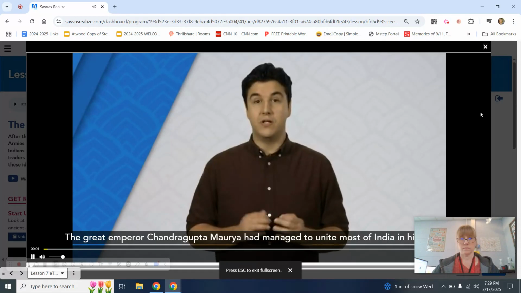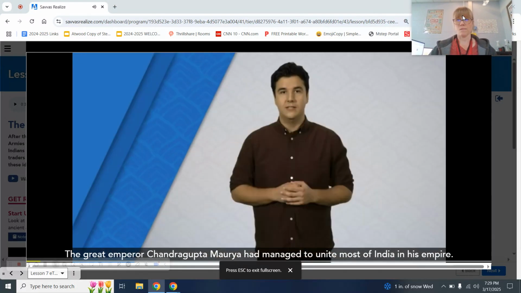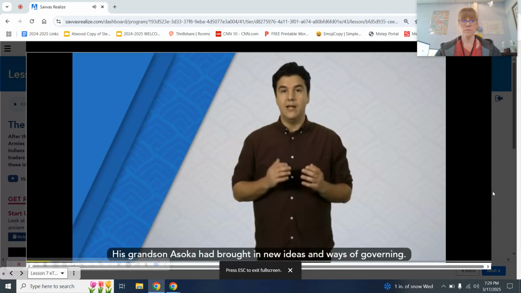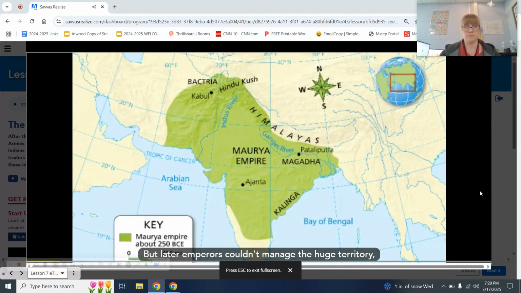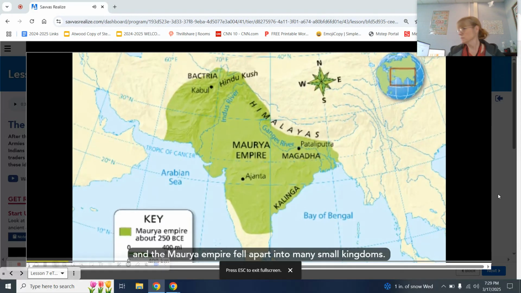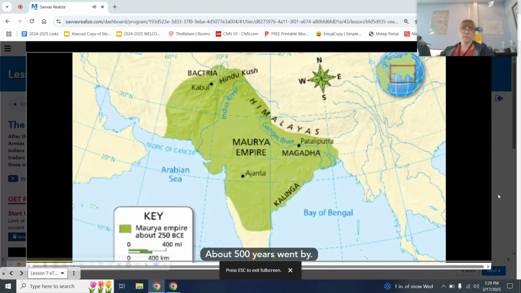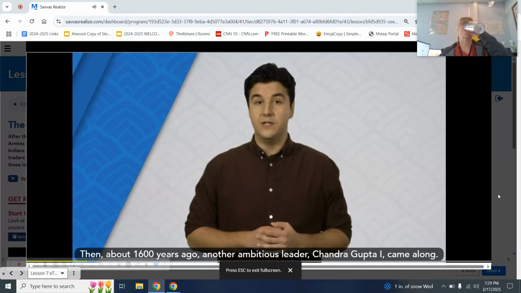The great emperor Chandragupta Maurya had managed to unite most of India in his empire. His grandson Ashoka had brought in new ideas and ways of governing. But later emperors couldn't manage the huge territory, and the Maurya Empire fell apart into many small kingdoms. About 500 years went by. Then, about 1600 years ago, another ambitious leader, Chandragupta I, came along.